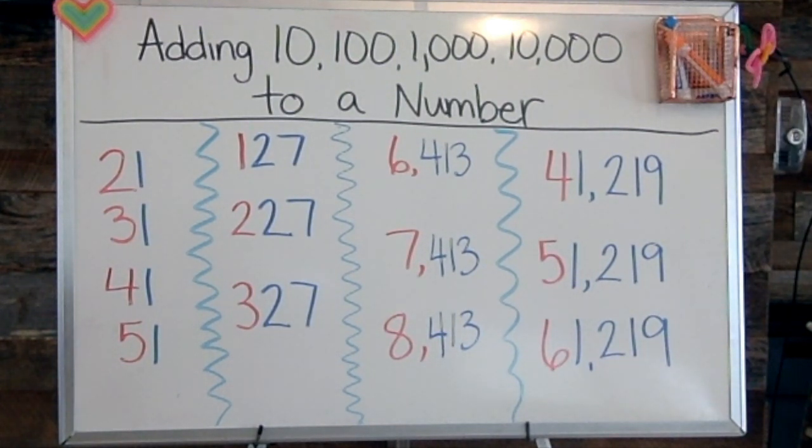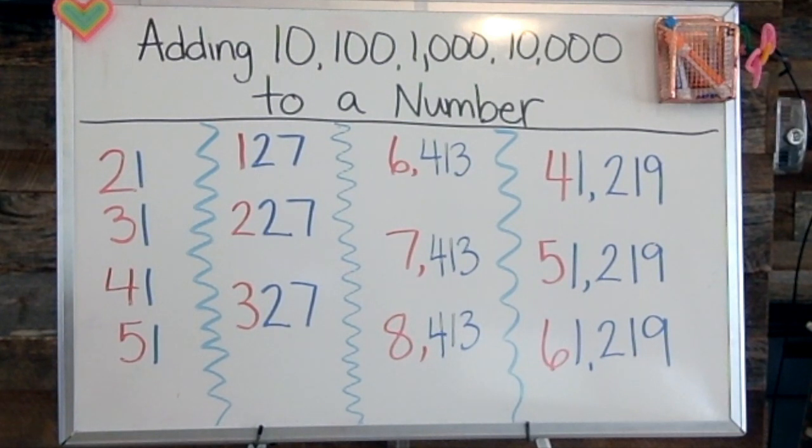Because you have a building block already, you already have the Lego, the building block that's going to get you to where you can do this very quickly. And that building block is place value. You know the different place values in a number. Because you know the different place values in a number, you're going to be able to add 10, 100, 1,000, or 10,000 to a number super, super fast.